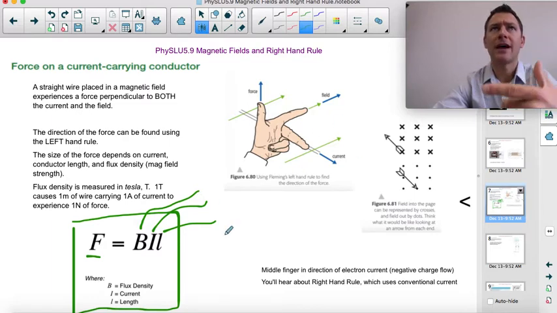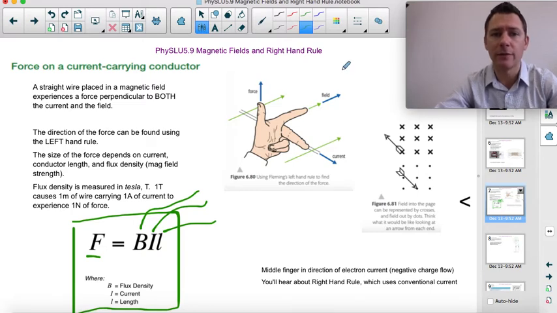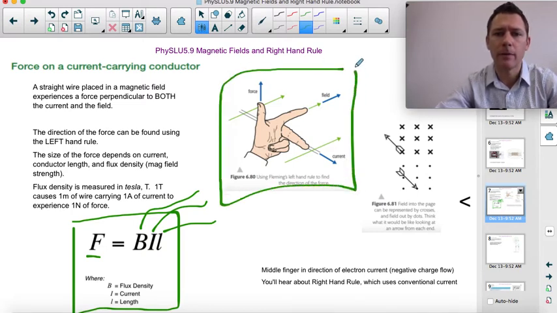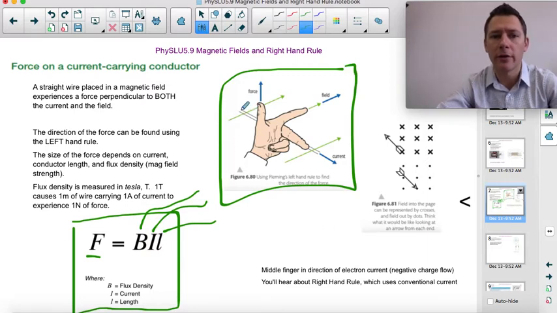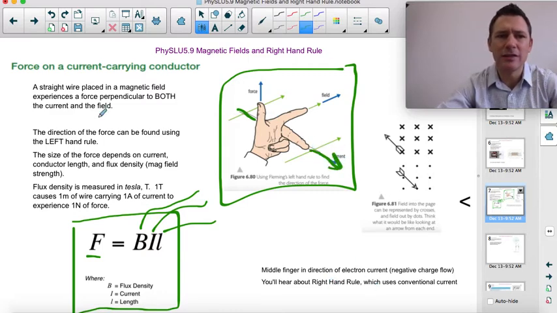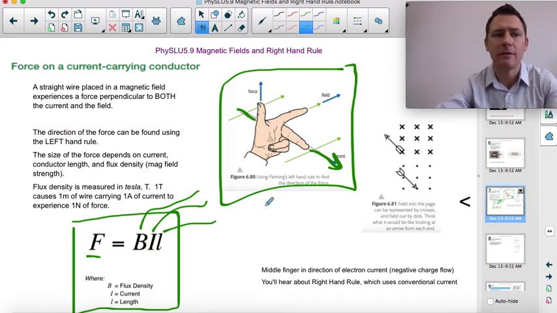The way we can tell which way the force is going to act is with this left-hand rule, right? So if you have current in a wire, here's our wire running this way, like that. Left-hand rule is using electrons. Sometimes you hear people talking about right-hand rule, and that uses conventional current.